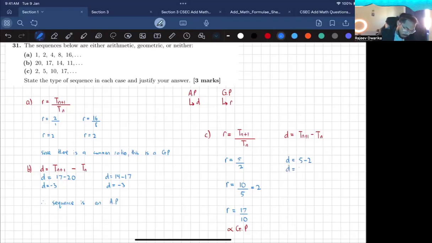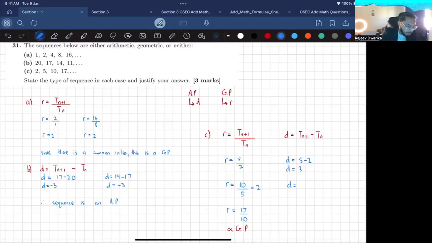Javon, give me another pair that I could use to figure out the common difference. For C, 5 over 2.